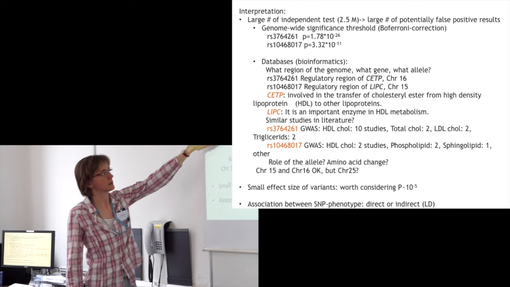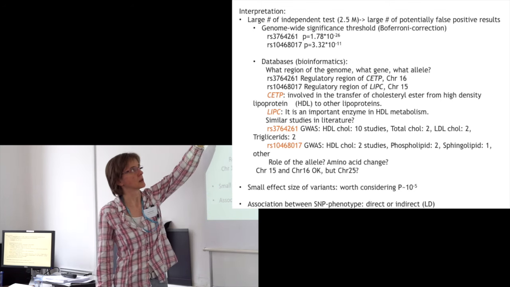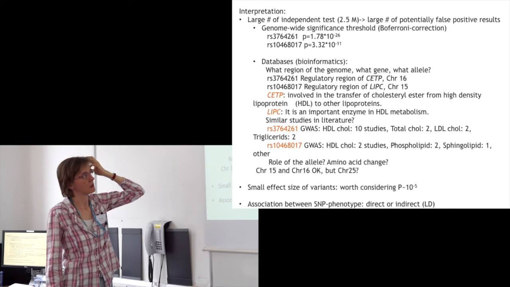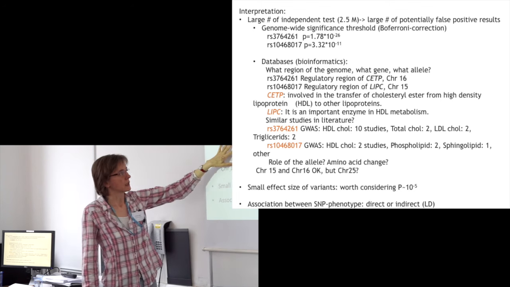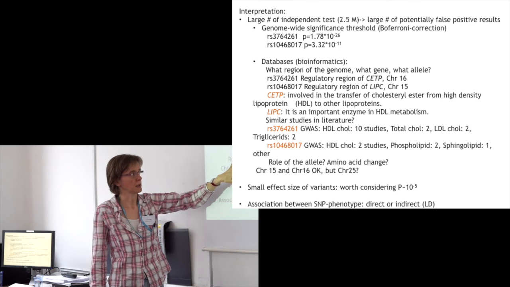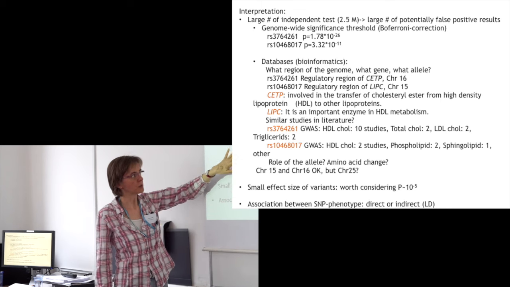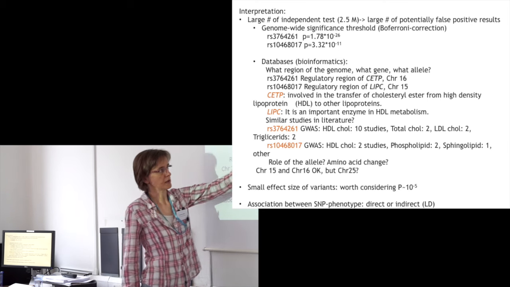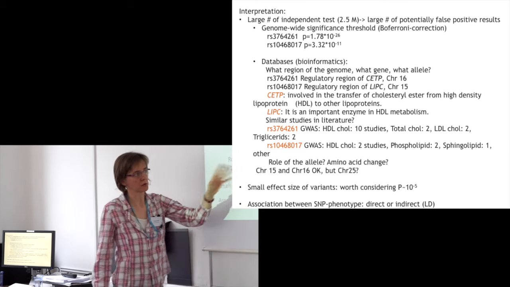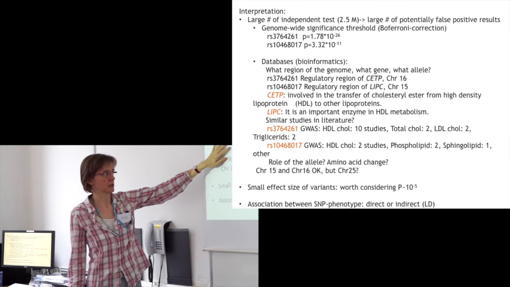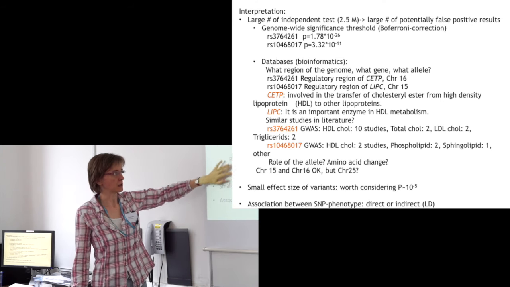And as I just said, these genes and SNPs look fine because they all take part in cholesterol transport. Can I find similar studies in the literature? There are databases for GWAS studies, and both of these SNPs came up highly significantly in many studies associated with various biomarkers. So again, it's very encouraging.